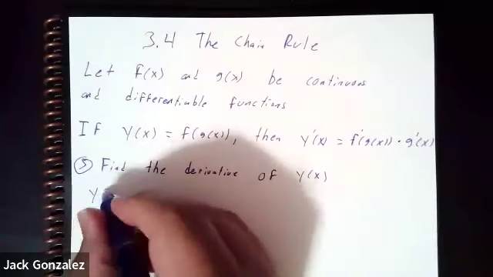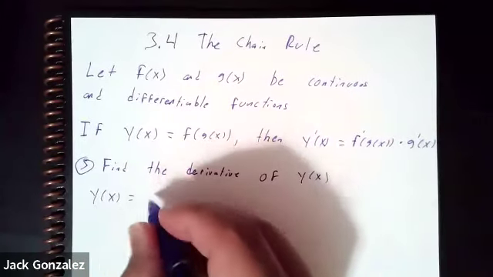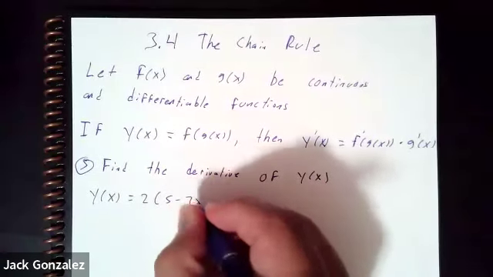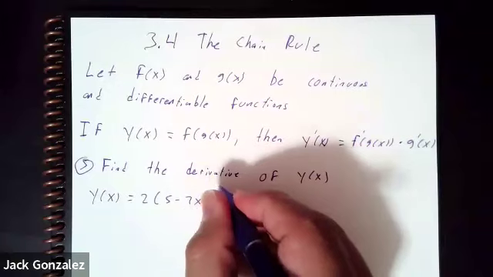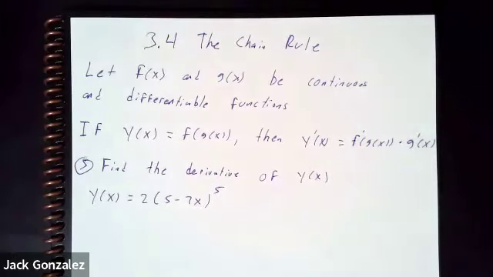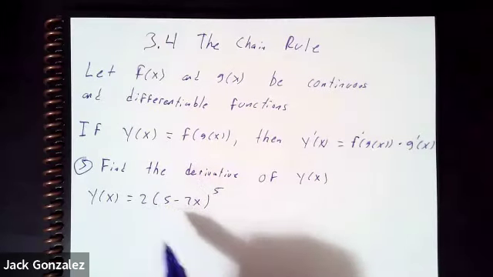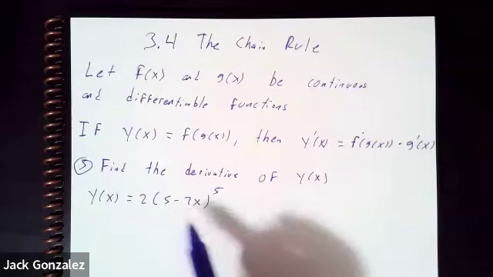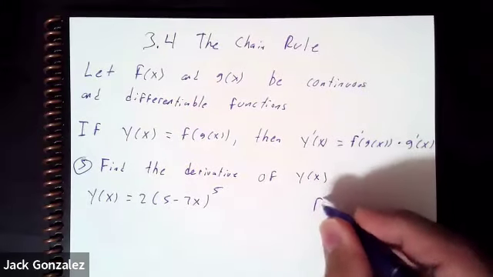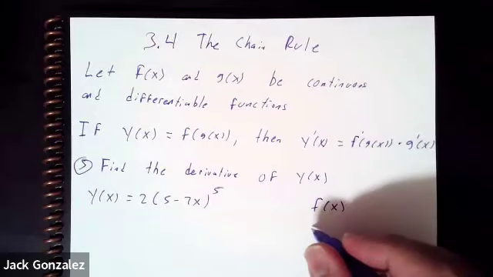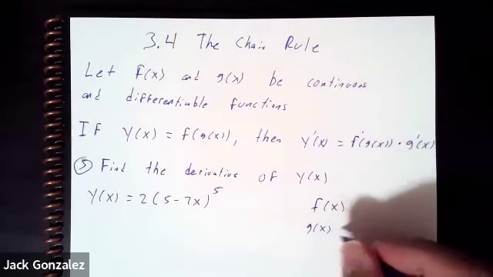So let's say that y is equal to 2 times (5 minus 7x) to the fifth. What is the outer function here? What is the inner function? We'll call f the outer, g inner.